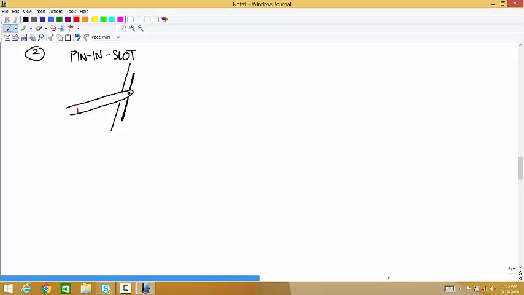So I'll call this body 1 and this body 2, and this is what I'm drawing. Okay, so the rod would be body 1, and the box would be body 2. This thing can slide freely, and it can rotate freely. The only thing that's prevented is motion perpendicular to the slot.